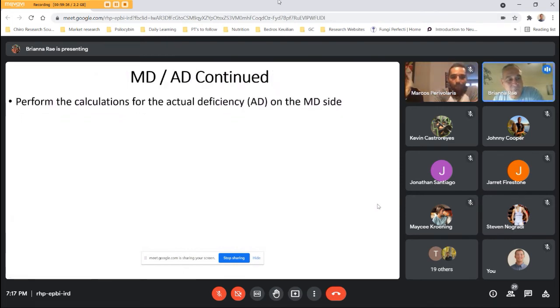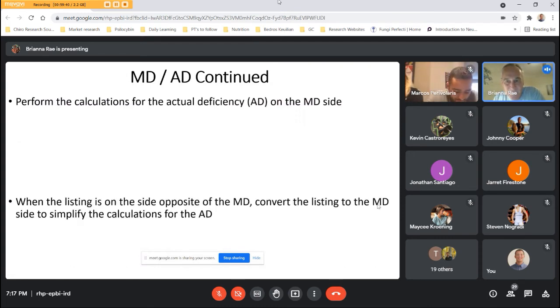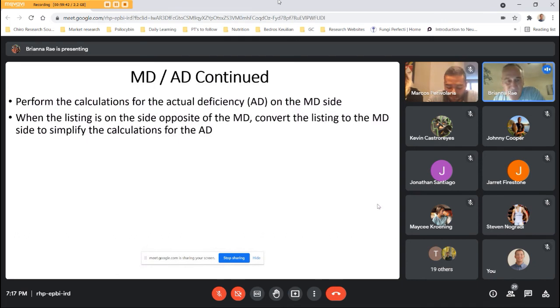So you want to perform calculations for the actual deficiency on the MD side. Remember that first picture on the title page where I had the MD on the opposite side of the listing? I said that's when it's kind of tricky. So here's how you can handle that.